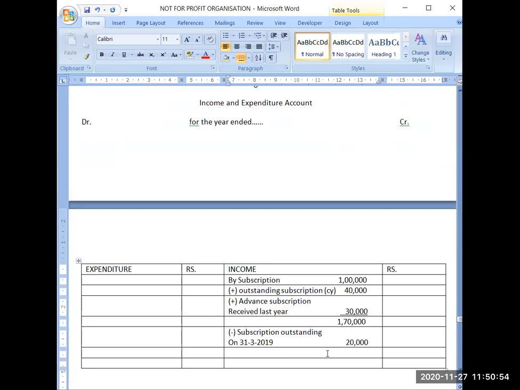This will be subtracted. So when we will subtract it, we will get 1,50,000.